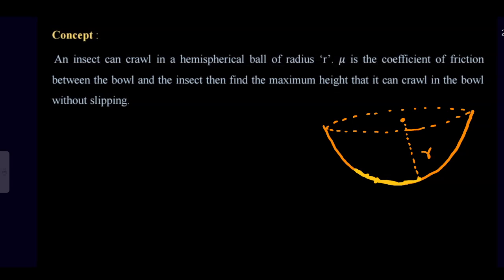So look at now here. At this location, let us assume that the insect can travel up to here. Beyond that, when it is trying to move up, it is falling because of the weight. Because of the weight, friction will support. Now let us say this much height has been traveled.